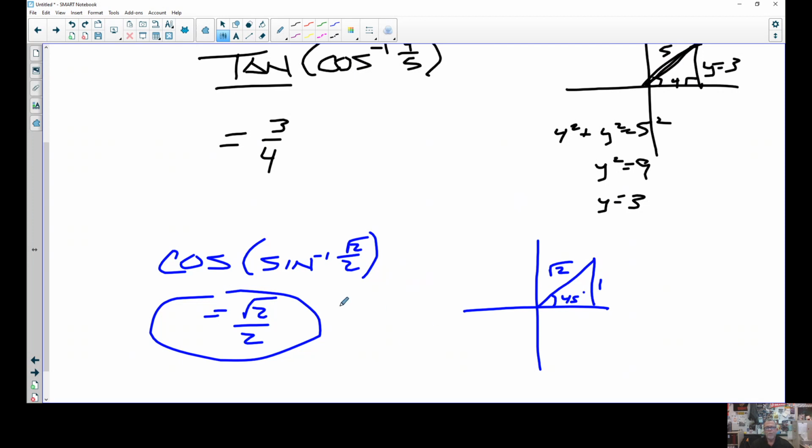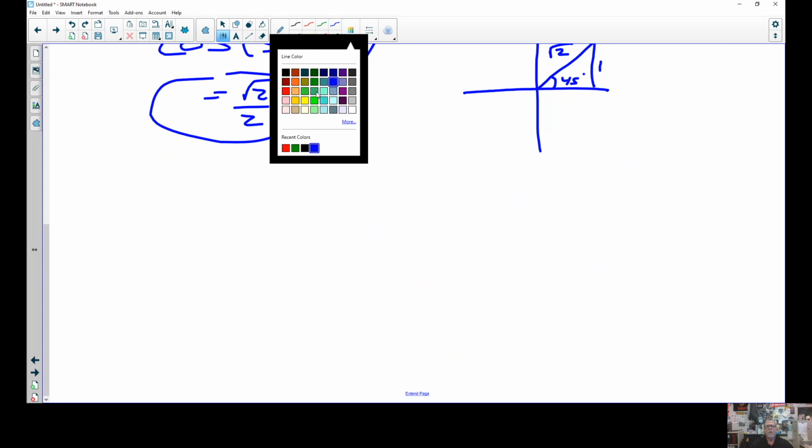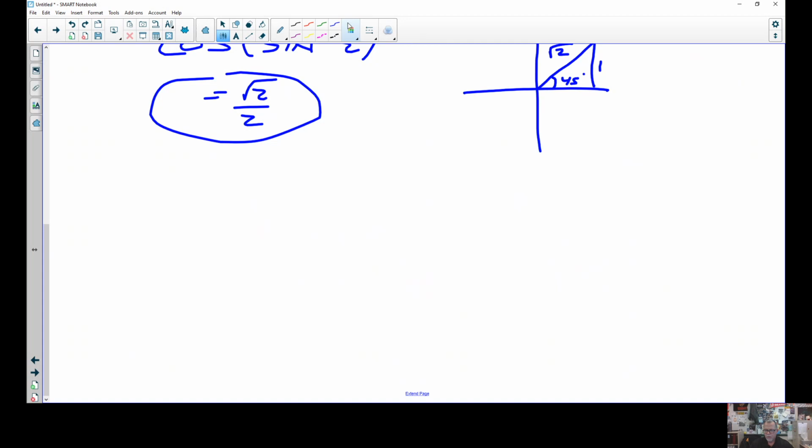All right, so let's do another one. One last one. Let's do cosine of arc cosine of 2/7. All right, so this arc thing, arc cosine.